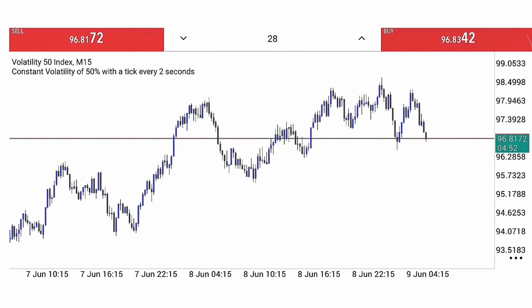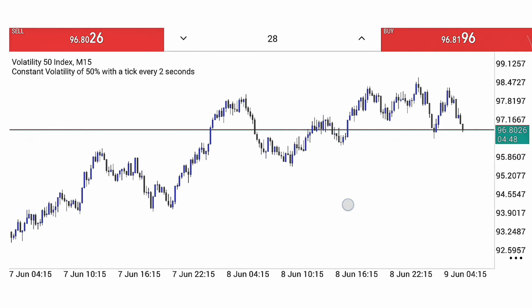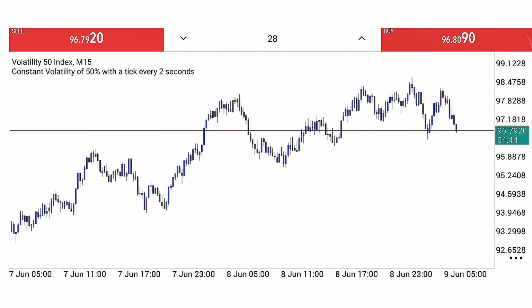Now, so let's get to the strategy that we want to trade with this. If you have a small capital, this strategy is just for you, and it is on volatility 50. You may say, why do I choose volatility 50? I chose volatility 50 because it has one of the lowest lot sizes in the Deriv market.